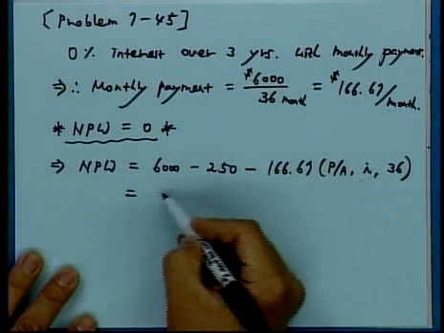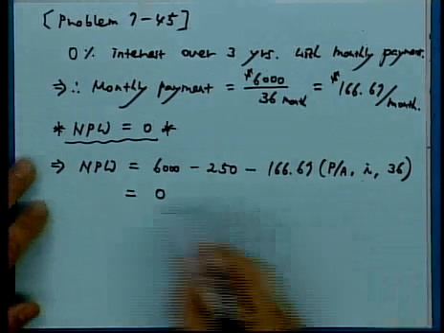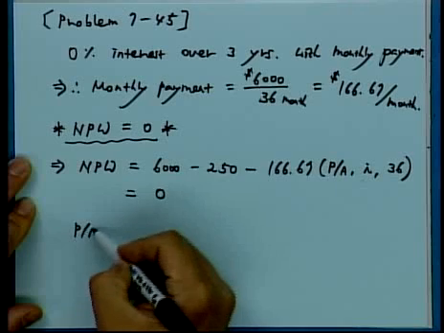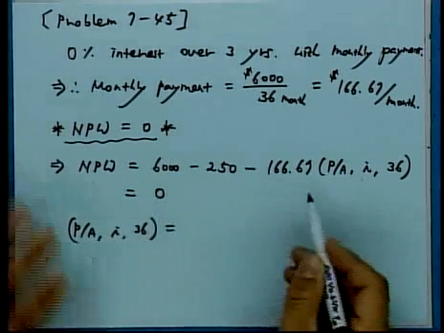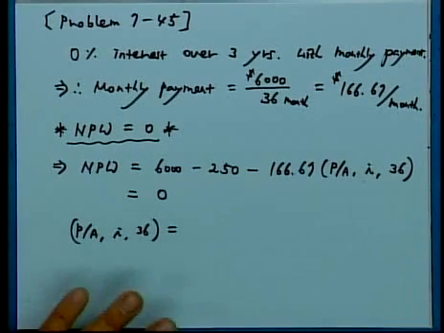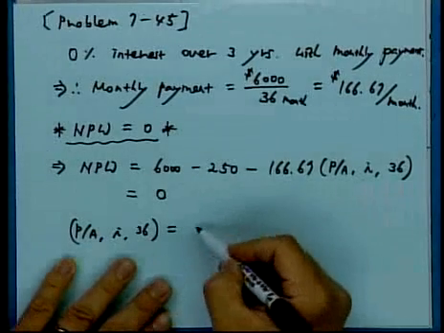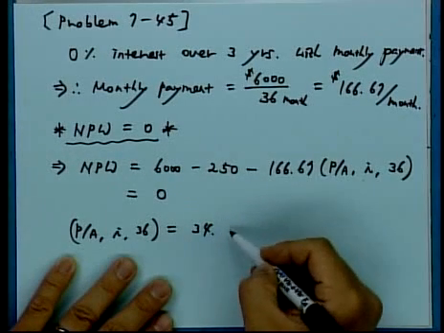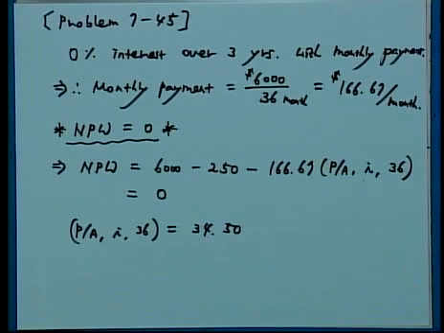And this got to be equal to 0. So here, P given A, I% over 36 periods is equal to $34.50.